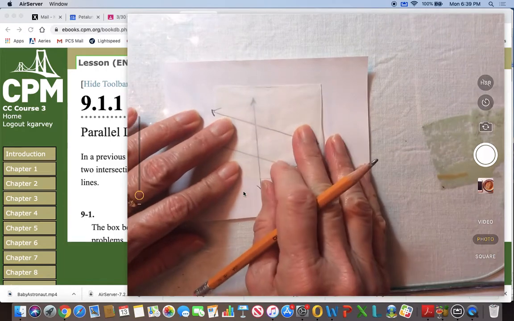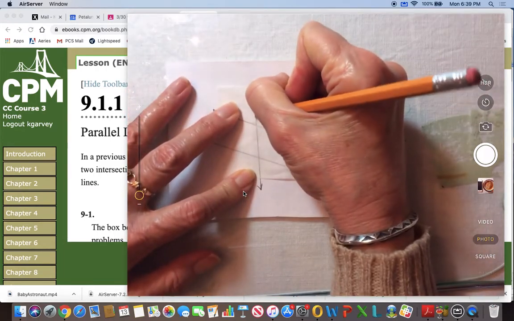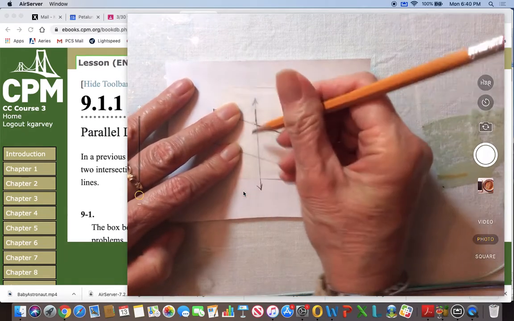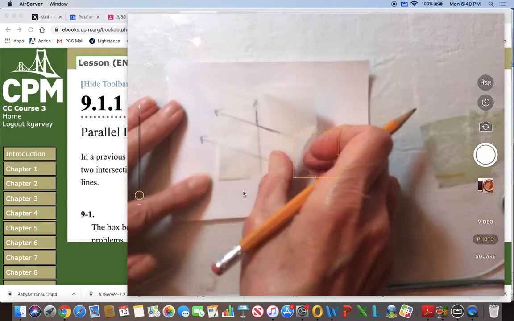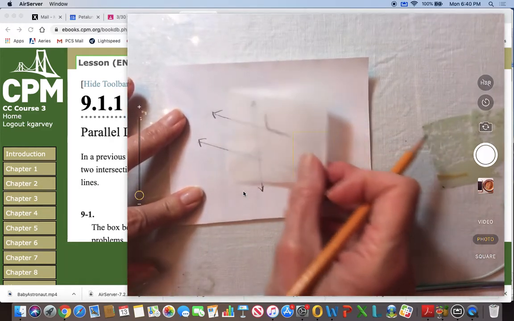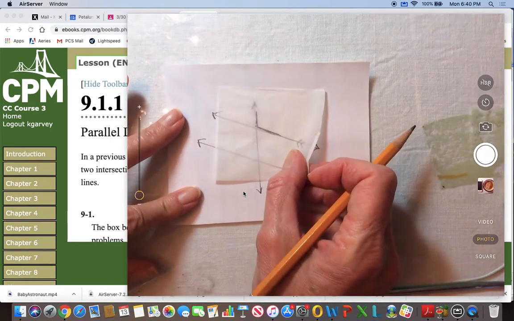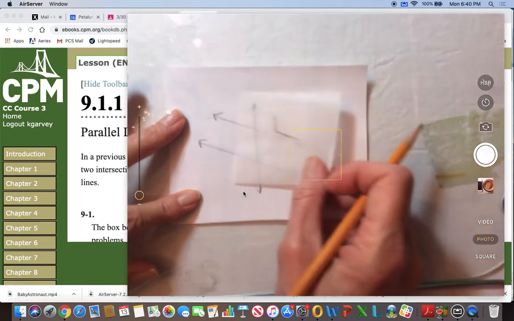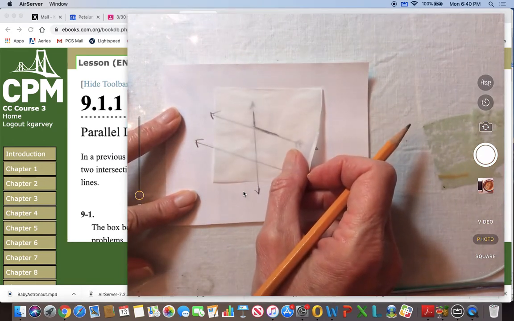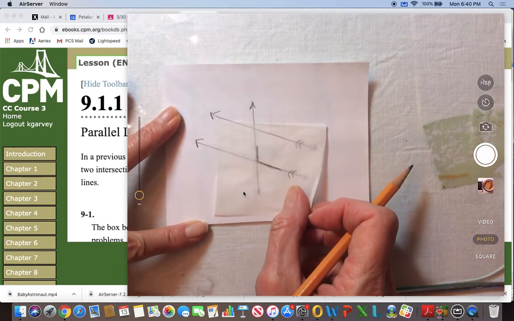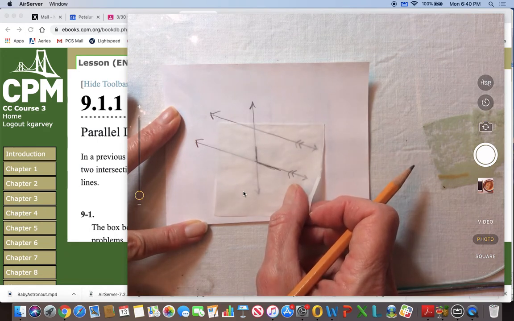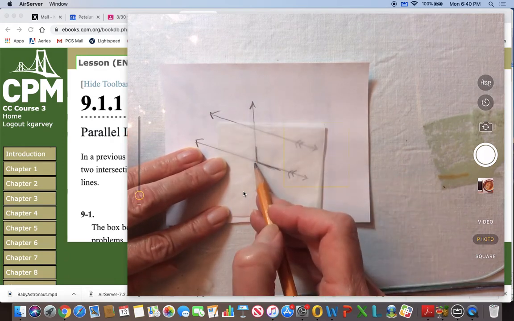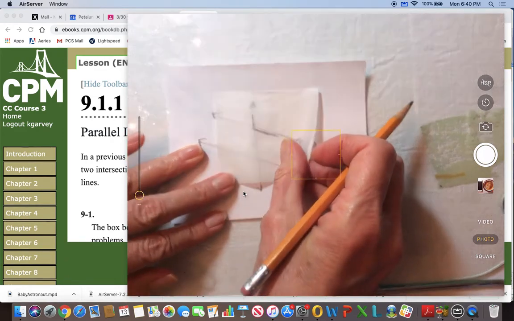So I'm going to put this paper over and I'm going to trace one of these angles. And then I am going to go hunting on this shape to see if I can find other angles that have the exact same measure. So I'm looking at the shape, and I think actually the easiest one to find, maybe if I just slide this down the transversal to here, to the other parallel line. And I can see that, yes, this angle is exactly the same as this angle is.